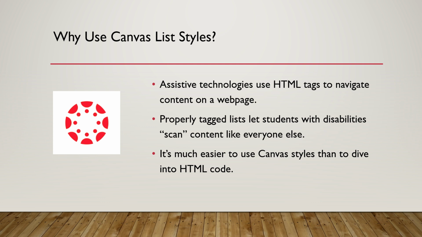So these properly tagged lists let students with disabilities scan content like everyone else. And as I've mentioned before in this series, federal accessibility laws such as Section 508 of the Rehabilitation Act require that all of our instructional content be accessible to assistive technologies.